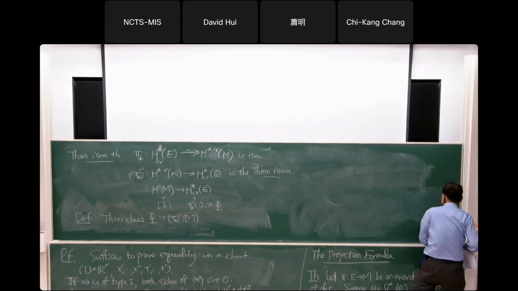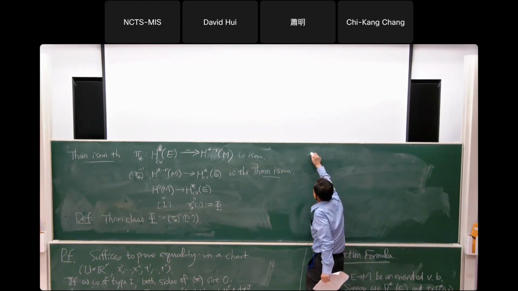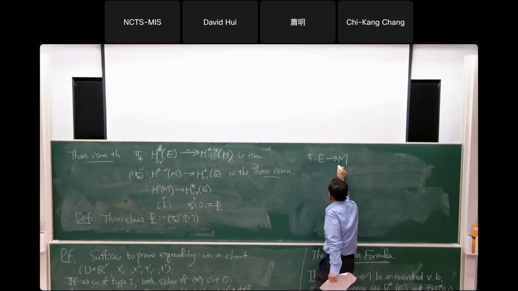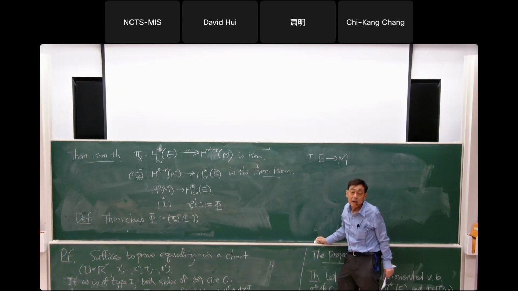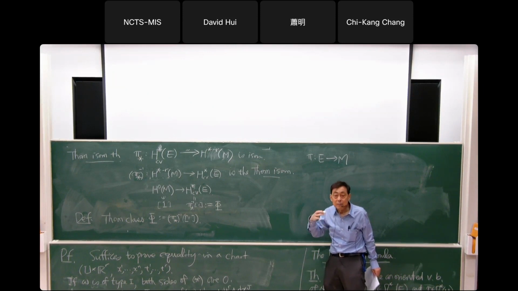And then this vector bundle has sections, right? But among the sections, there's one that is special. Which one is it?